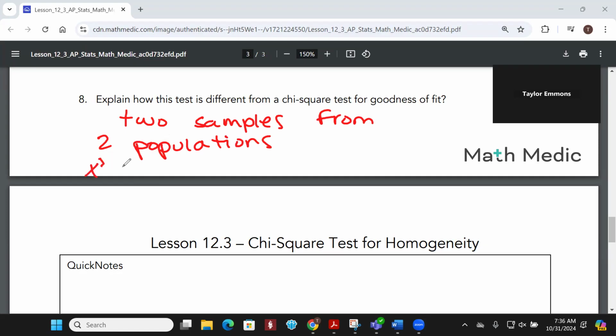The chi-squared goodness of fit has one sample from one population. So one sample, one population; two samples, two populations. Make sense?